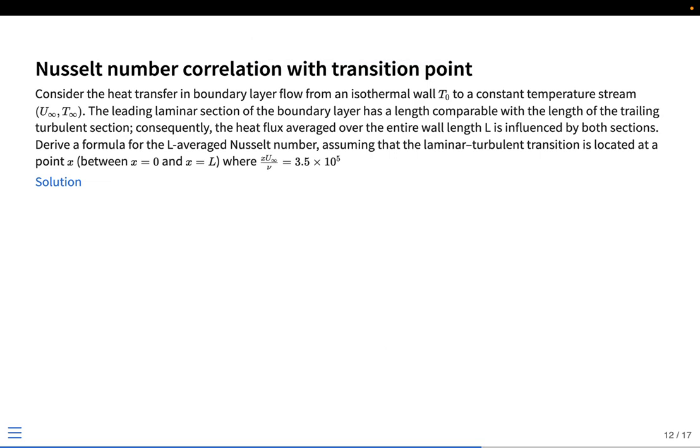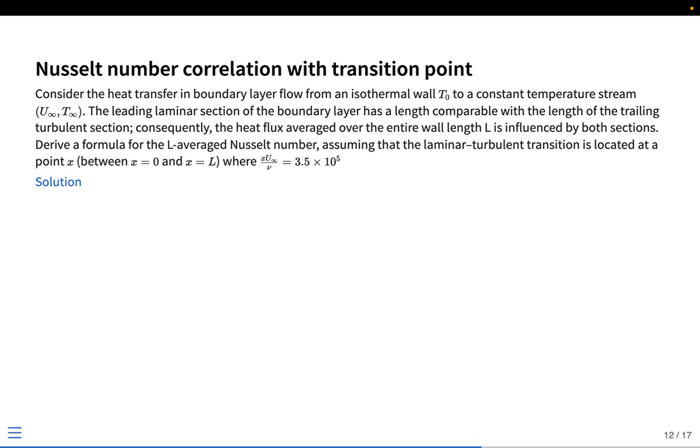So this is again something that has already been touched upon in the lecture videos, but I just want to take it again. As I said before, when we were solving the integral equation, we assumed that delta at x equal to 0 is 0, and with that we were able to integrate the equation. This particular problem wants you to solve for the average value of the Nusselt number, but provided that you do not assume the entire flow to be turbulent.